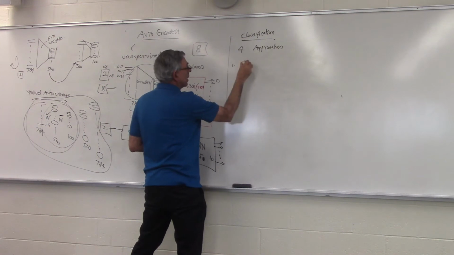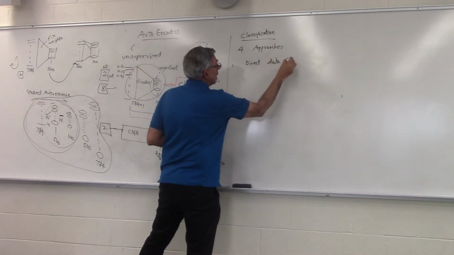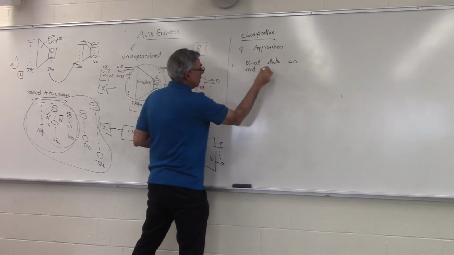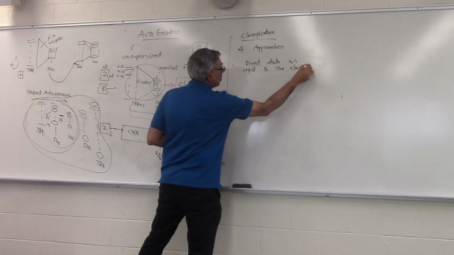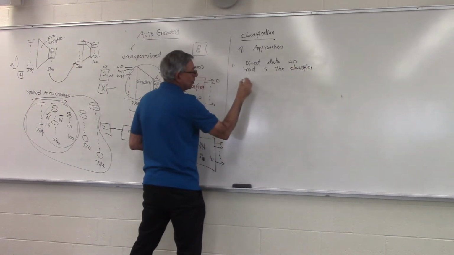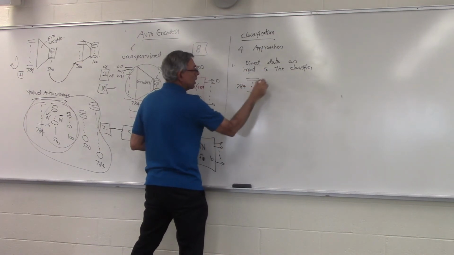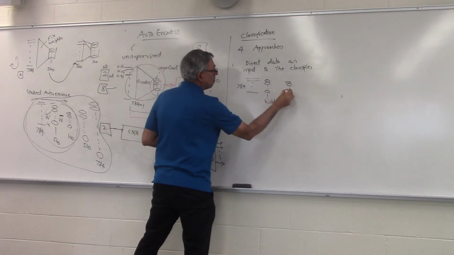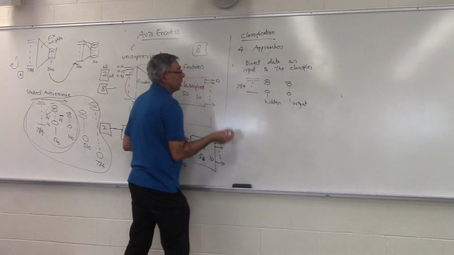Number 1 is direct data as input to the classifier. For example, all 784 go in, then we'll have some hidden layer and some output layer. So this will be approach 1.